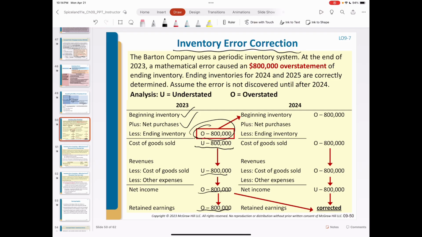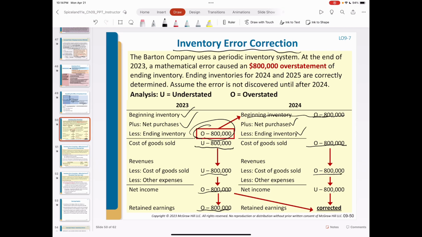If this error was not corrected, the overstated ending balance of inventory will become the beginning balance of inventory in the next year. The beginning balance of inventory was overstated. If purchases are correct and the ending balance of inventory is correct, the cost of goods sold will be overstated.